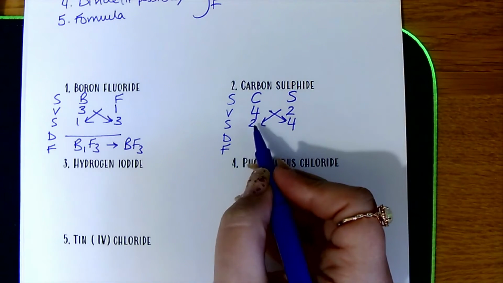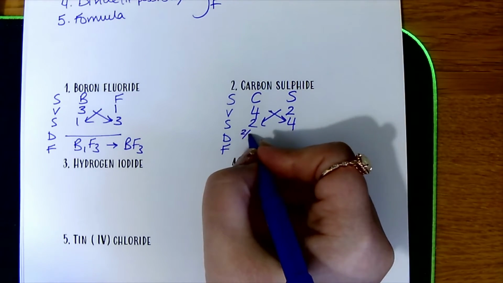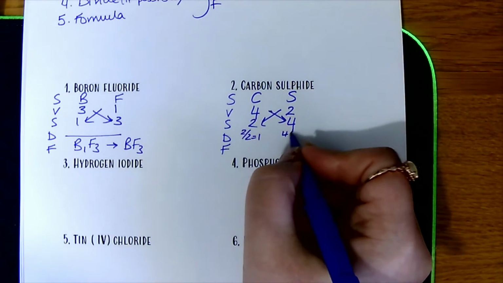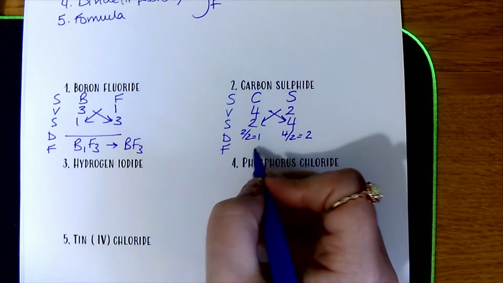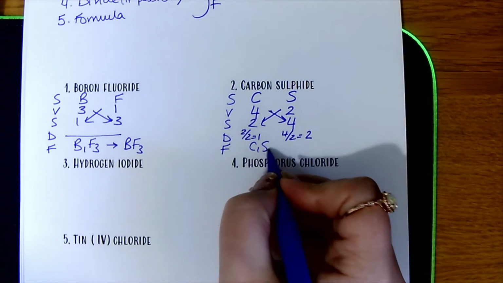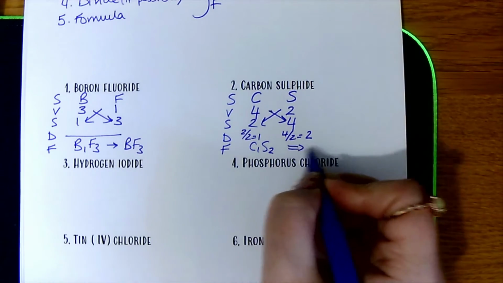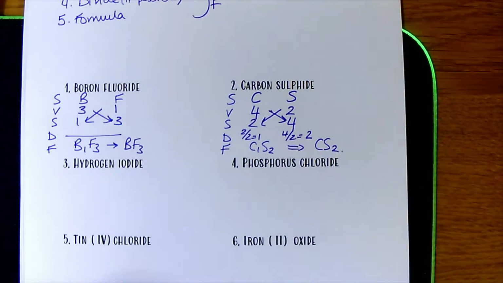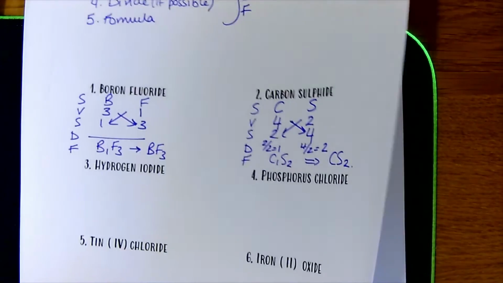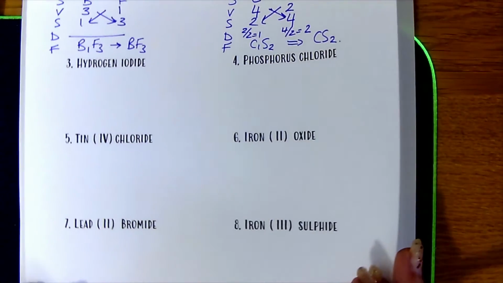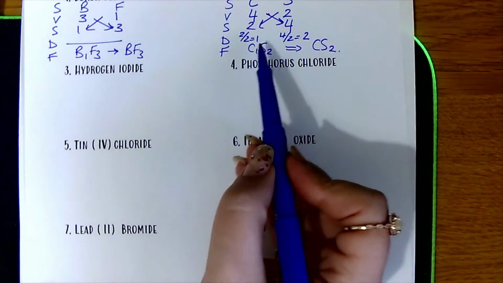Now this time you can divide here, so 2 divided by 2 gives you 1 and 4 divided by 2 gives you 2. So our formula is C1S2, and we rewrite this as CS2. As you become more confident at working through these valency examples, you'll find that you don't need to do this step.